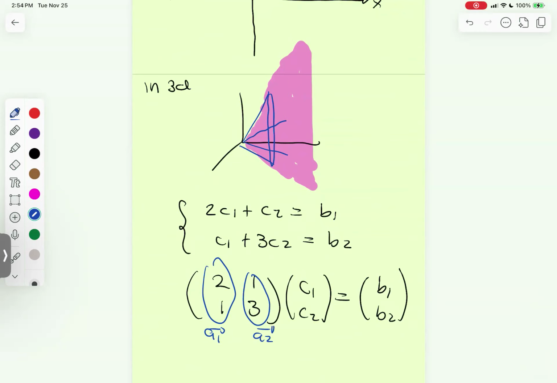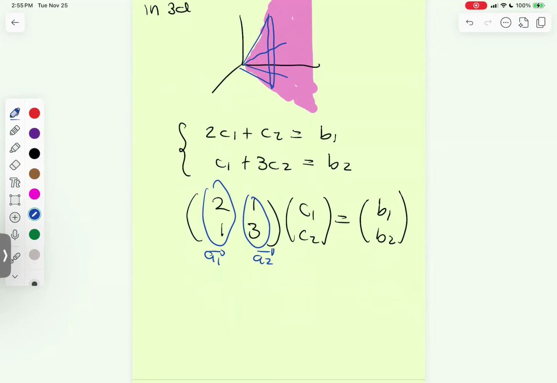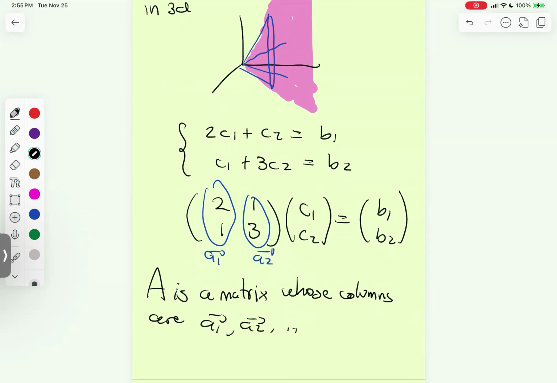One way to characterize the cone is that a vector is in the cone if you make a matrix whose columns are A1 up to AM. I'm messing up the notation, it's not the usual. If A is a matrix whose columns are A1, A2 up to AN, it's annoying because the matrix is size n by n.